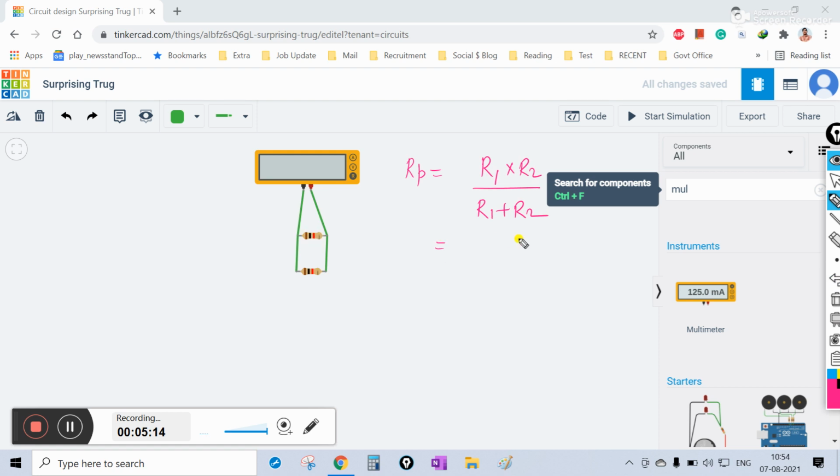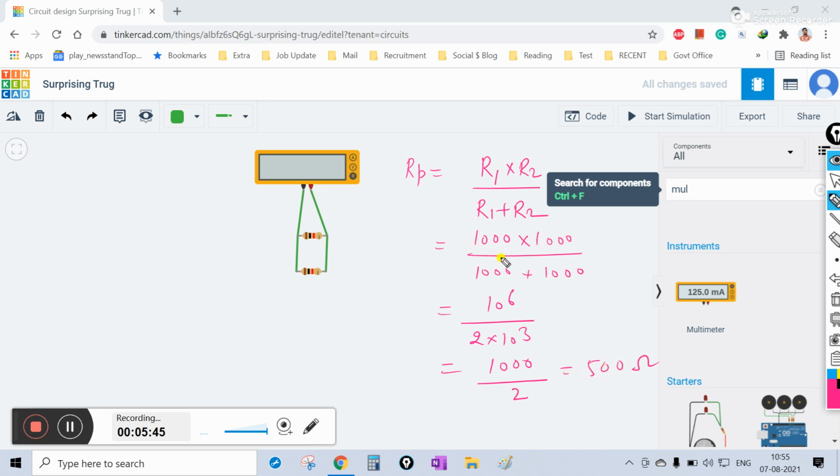That means 1000 into 1000 divided by 1000 plus 1000. What will happen? 10 power 6 divided by 2000. So 1000 divided by 2, that means 500 ohms.